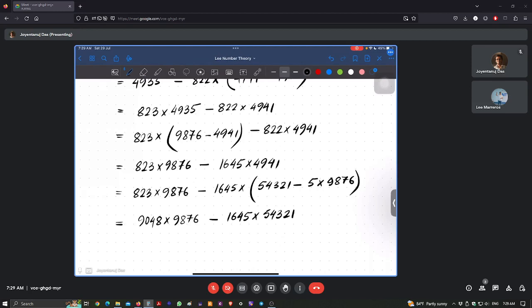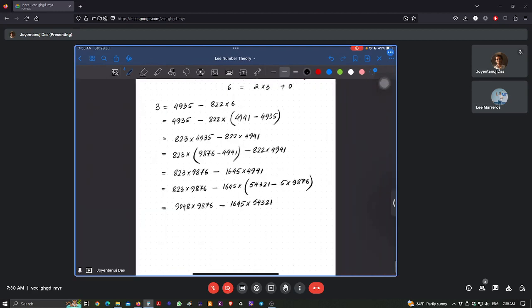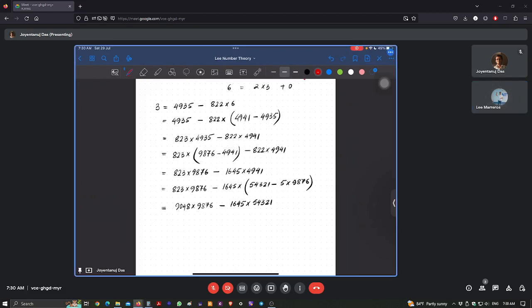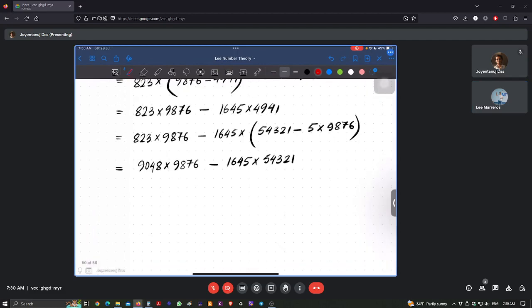Okay. So this is the thing. The solution would be minus 1645, comma 9048. Yes. So your x is this thing and this is y, right?